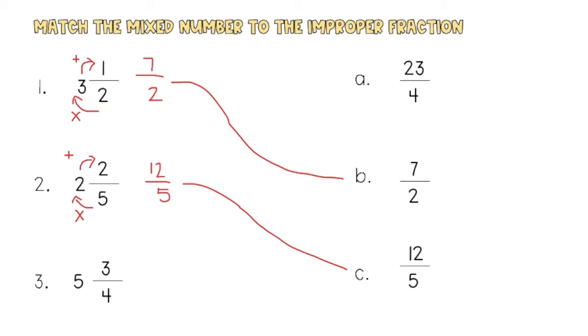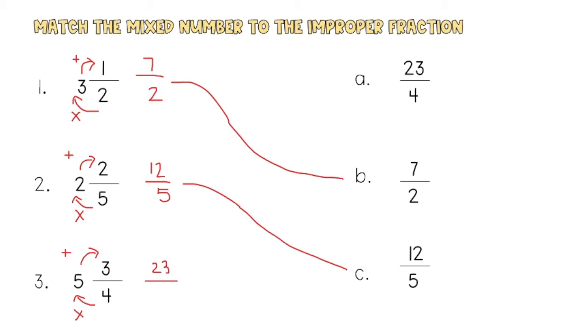And my last example, 5 and 3/4. I'm going to use the same steps in order to make this an improper fraction. 5 times 4 is 20, plus 3 equals 23.